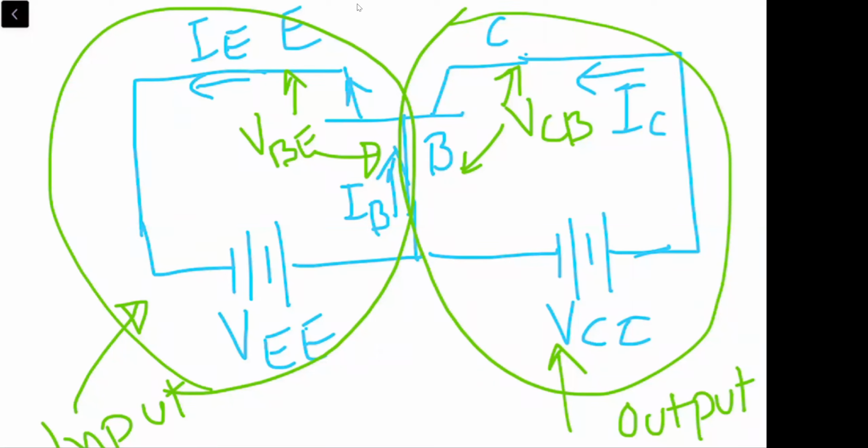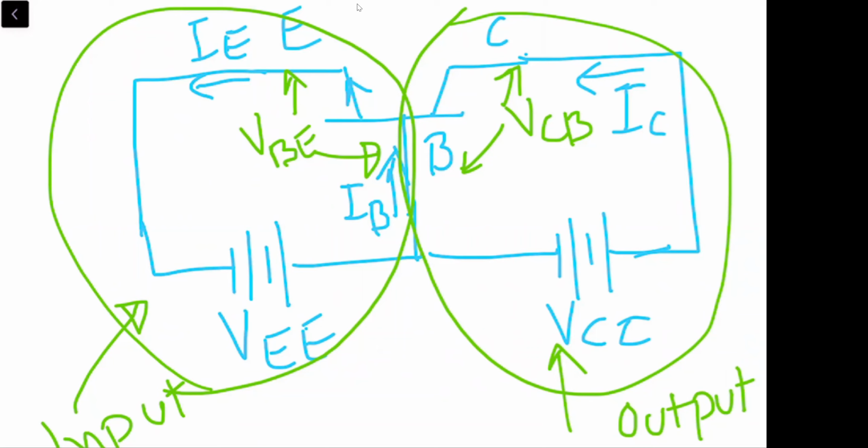Okay, ji. So with this, we can have the input characteristic curves as well as the output characteristic curves of this particular circuit. Now, at the input side, we have the input current IE as well as the input voltage VBE.